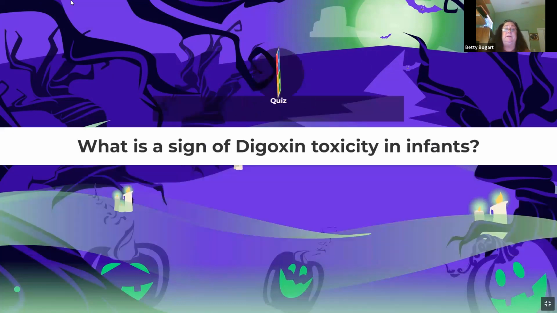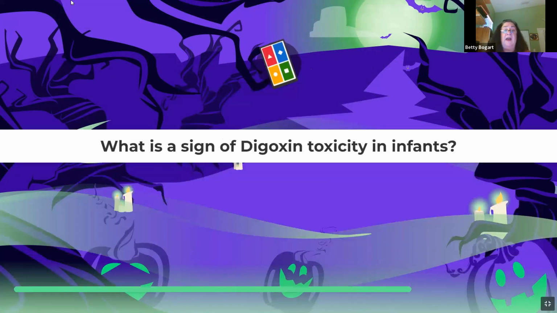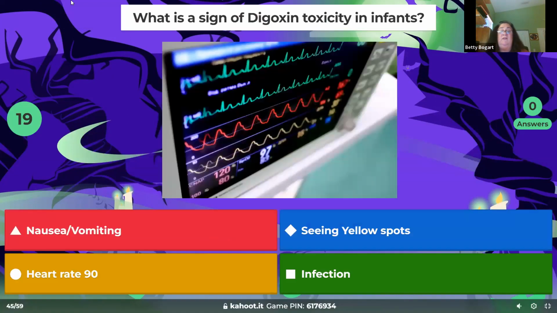A multi-select. What is a sign of toxicity in infants? Infants, what do you see?